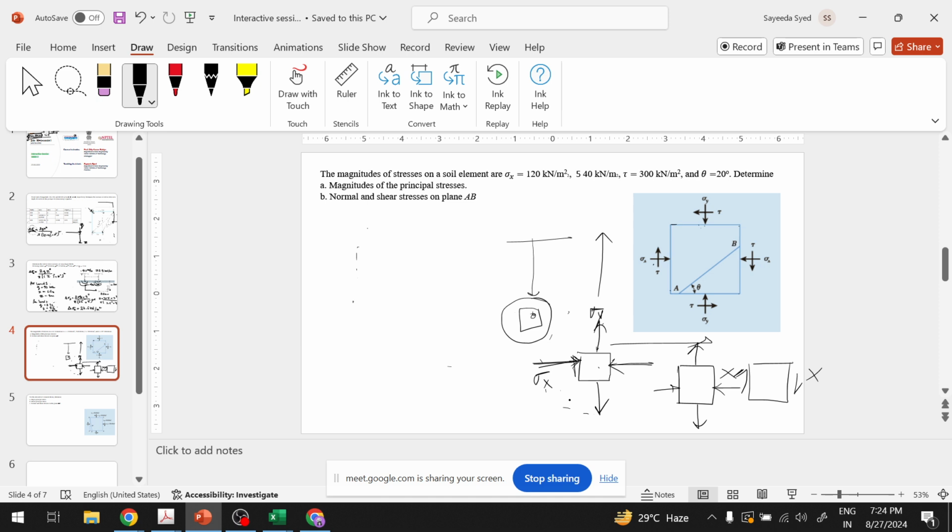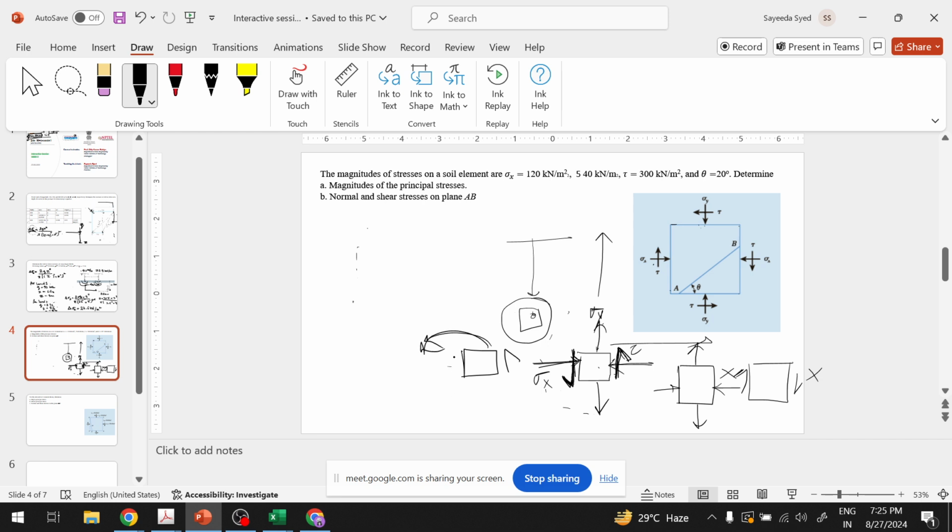Let's call this sigma x, and the shear, let's call this tau. Only when you provide this opposite force here can you call this shear. Because if I only provide it in one direction, it means that I'm trying to rotate this body. It will rotate here.